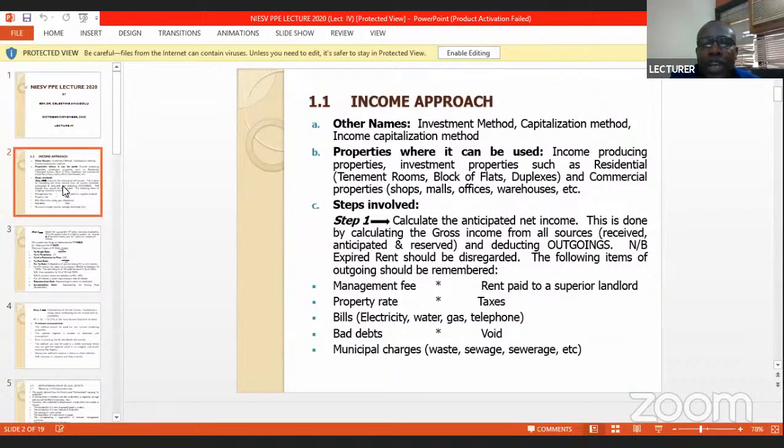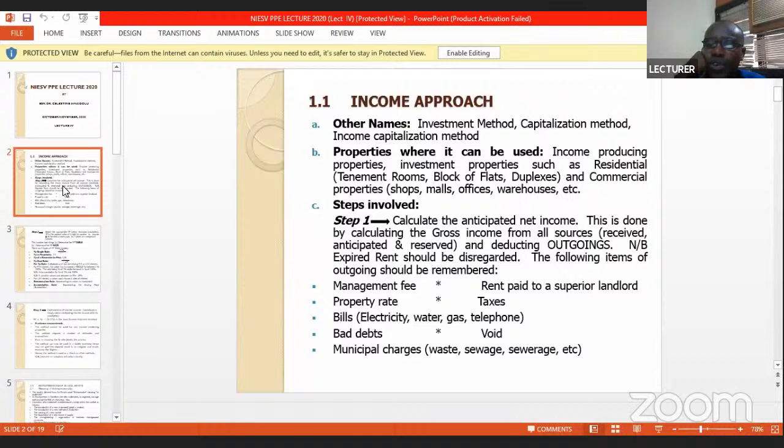So if you check the income and you see that it is a monthly income, it means immediately that you will multiply by 12 to get the income for 1 year. If the income you were given is quarterly income, you multiply by 4 to get the yearly income.